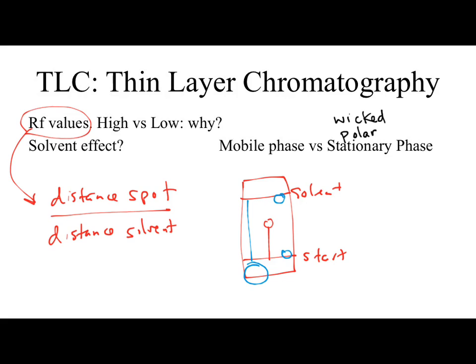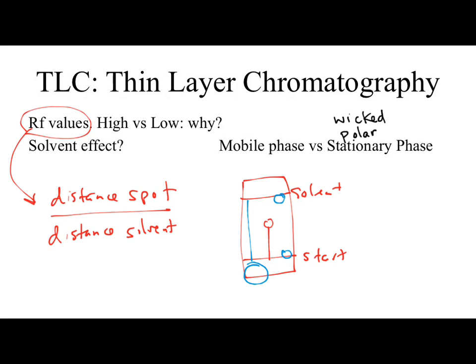Meaning extremely, or a lot, or very polar. Which means if your compound is very polar, what's it going to do? It's going to stick to our stationary phase. The polar will interact with the polar, and it stays put. It doesn't move. So if you get a low RF, that means your compound didn't move, which means it stuck to the stationary phase, which means very polar.